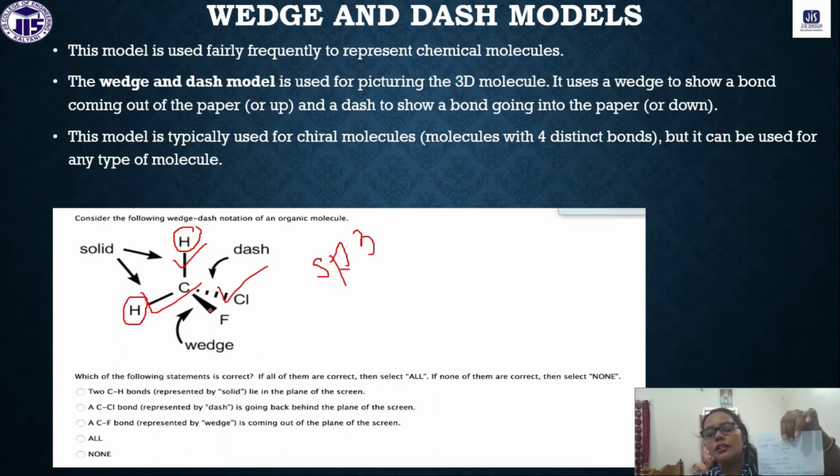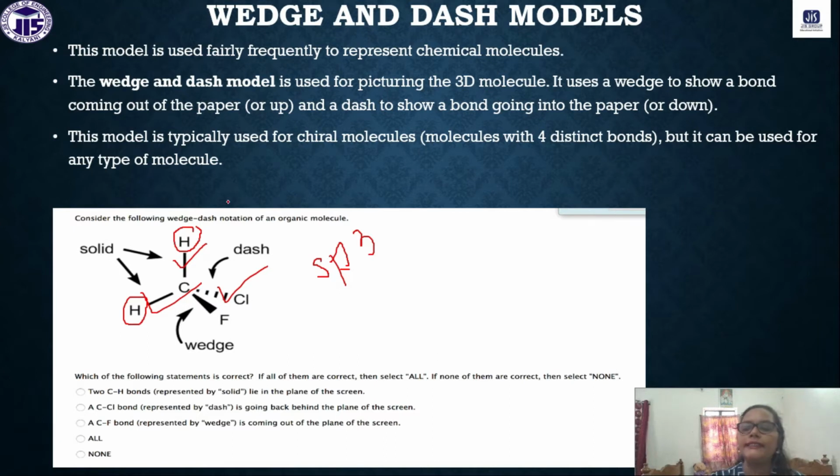The dotted line is behind the plane, behind you: the chlorine atom is behind the plane. So in the presentation, the solid bonds represent atoms in the same plane, the xy plane, the paper plane. The two hydrogen atoms are in this plane, one fluorine atom is towards yourself, and one chlorine atom is outside of this plane.